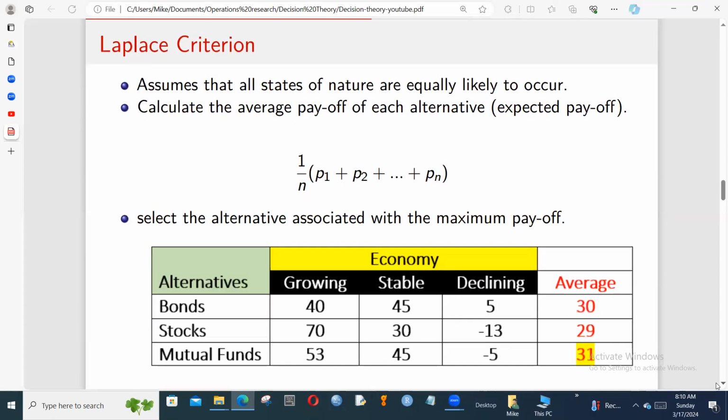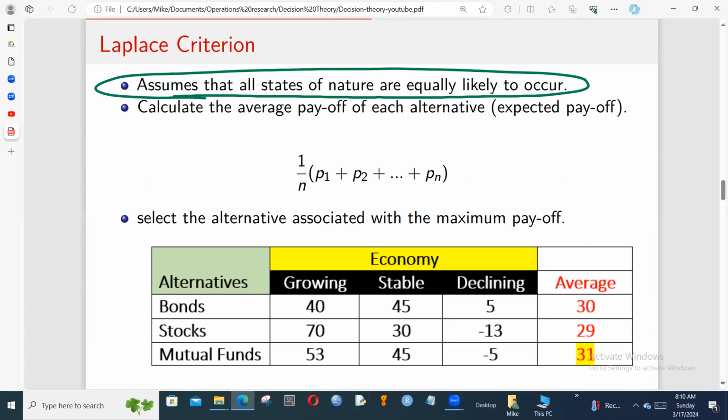With the Laplace criterion, this criterion assumes that all states of nature are equally likely. So when you look at this particular example, where we have the three states of nature, when the economy is growing, when the economy is stable, and when the economy is declining, we are assuming they're equally likely. And so we are not going to have one state of nature dominating the other.